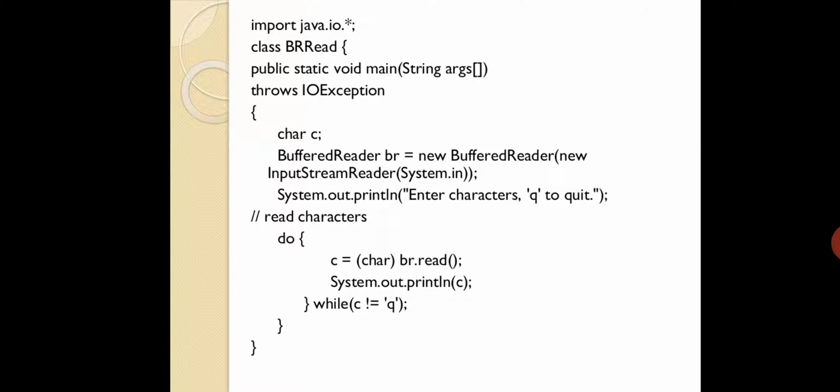Okay, now why use br.read? br is nothing but the object you created in the above line, so it is a reference. Using that object name with the dot operator, you call the read method, because the read method is present in the input stream concept.